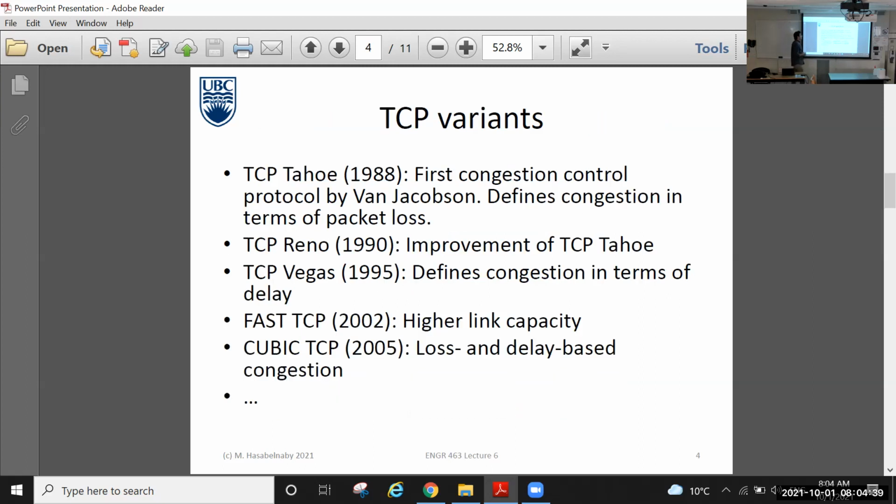Actually, we have different variants of TCP. We have different versions of transmission control protocol. As I told you, congestion leads to packet loss and or delay.